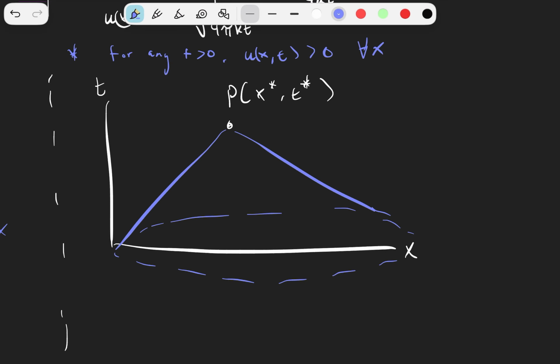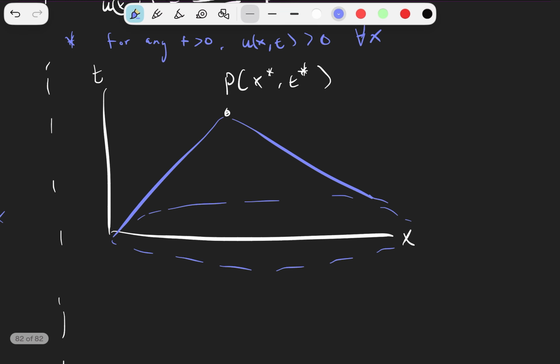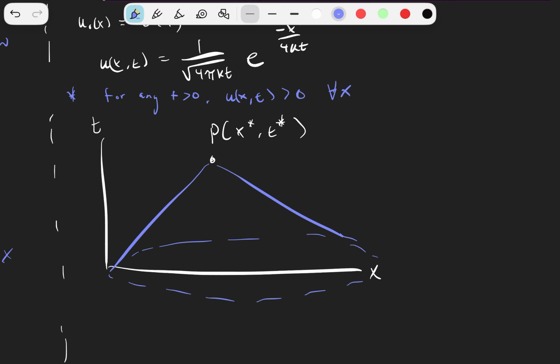And this infinite domain of dependence, you can think about as information traveling instantly. So if we light some fire here at x, it's theoretically going to be felt at, say, x equals 100,000, not infinity, but far away.